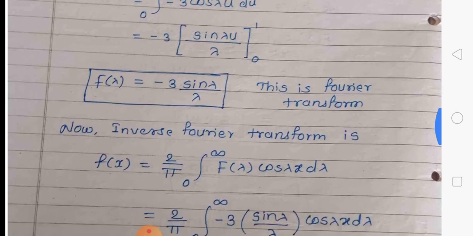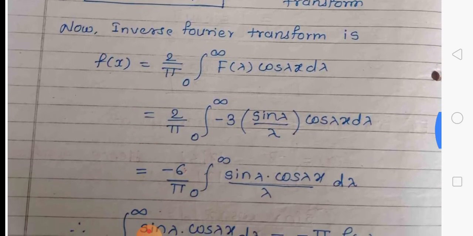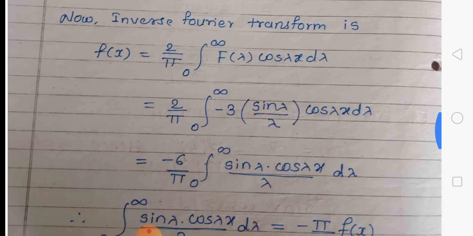Now, for finding the value of the integration, we use the inverse Fourier transform. Here we use the inverse Fourier transform for the even function, that is, f of x is equal to 2 upon pi times the integration from 0 to infinity of F of lambda cos lambda x d lambda.